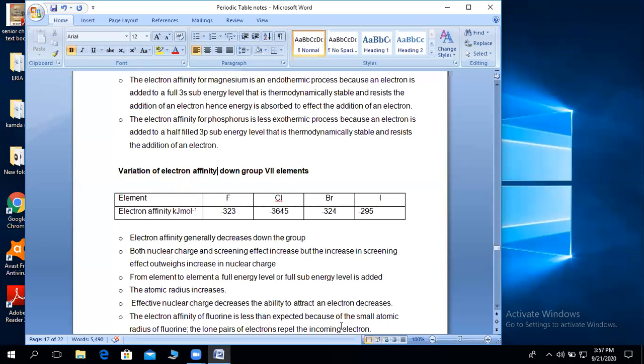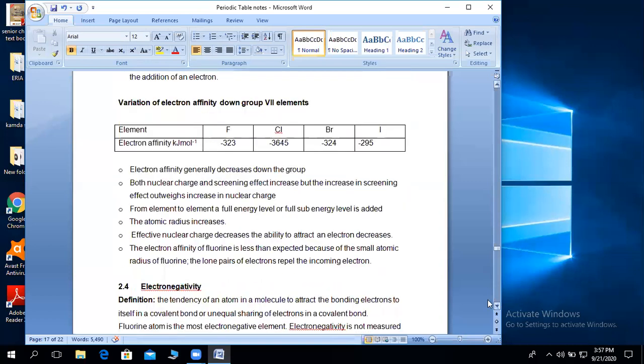The electron affinity of fluorine is less than expected because of the small atomic radius of fluorine. So the lone pair of electrons on fluorine repel the incoming electrons. And that is it for electron affinity down the group.